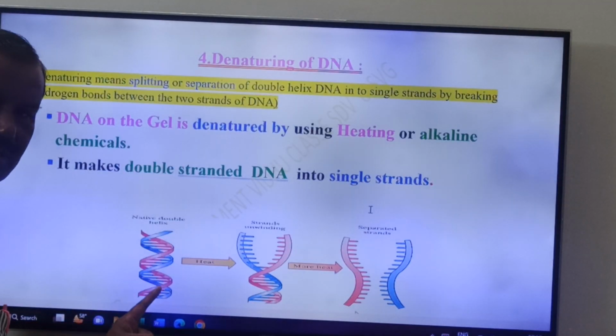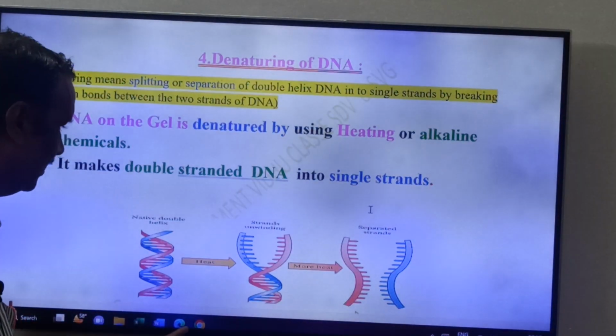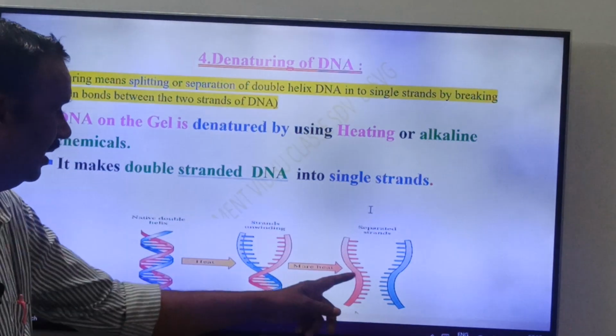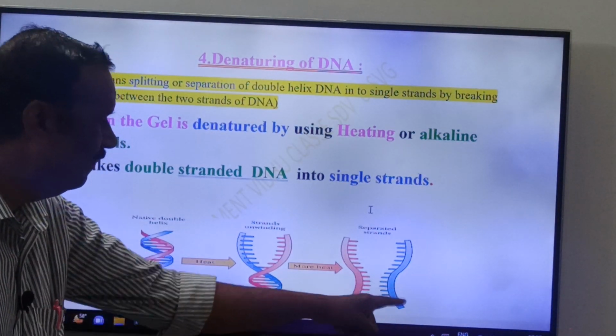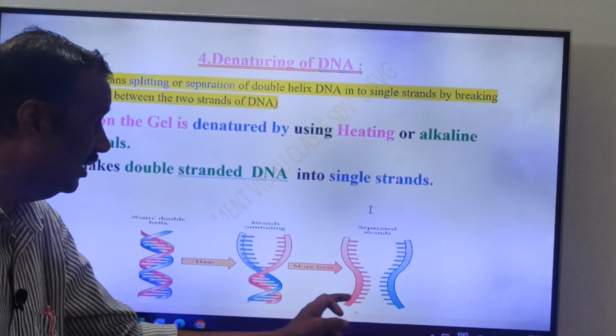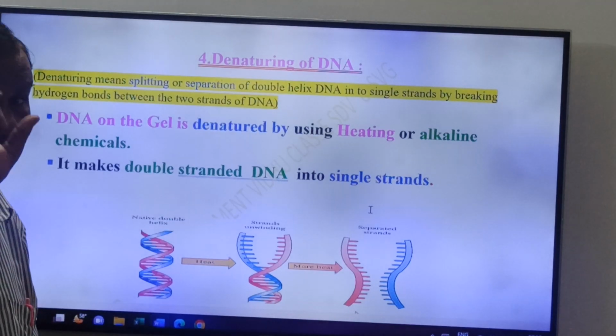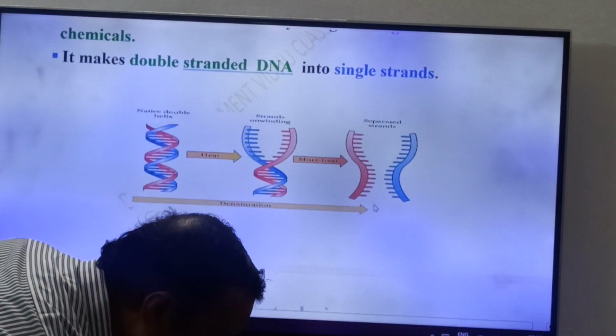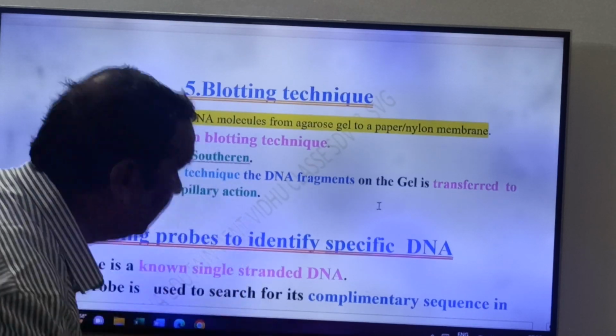See friends, you know the structure of DNA. This is the double helix. Here we are splitting the hydrogen bonds. Now it becomes two single-stranded DNA. These are called complementary strands. Remember that one, friends.